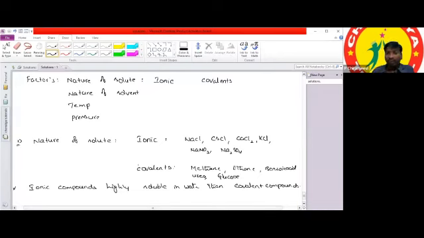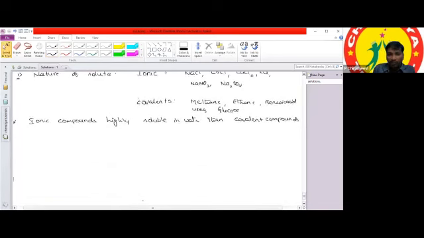Can anyone tell me the reason why urea and glucose are highly soluble in water, though they are covalent compounds? Any one of you?